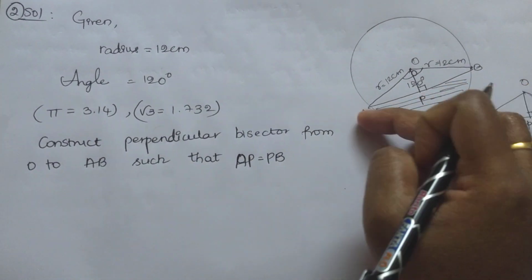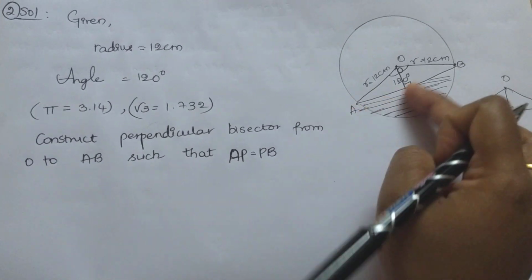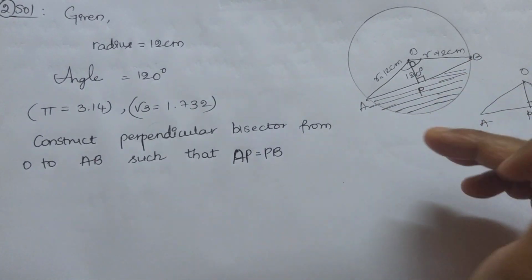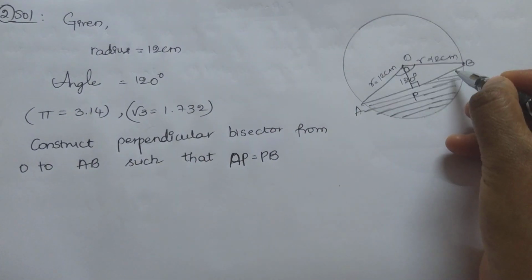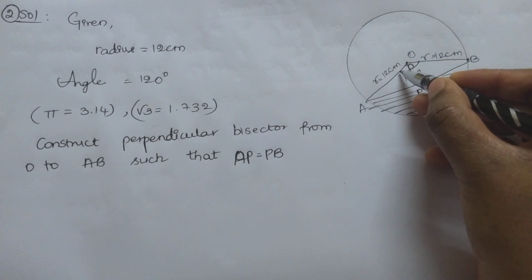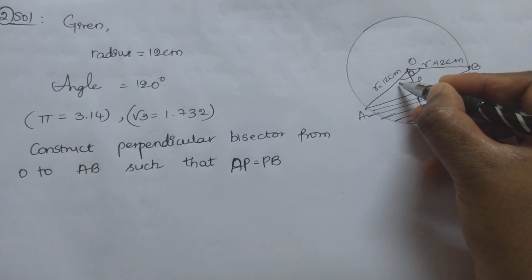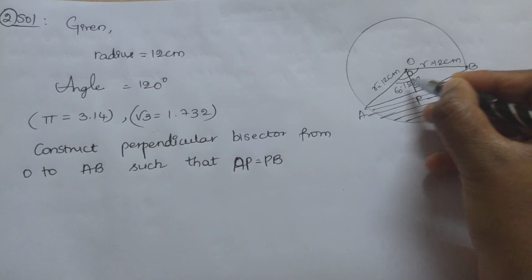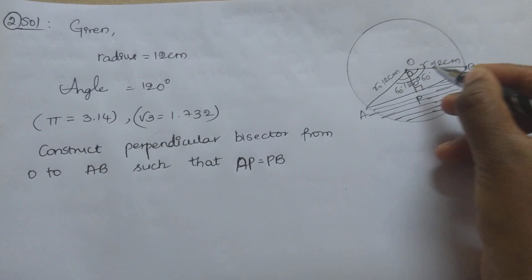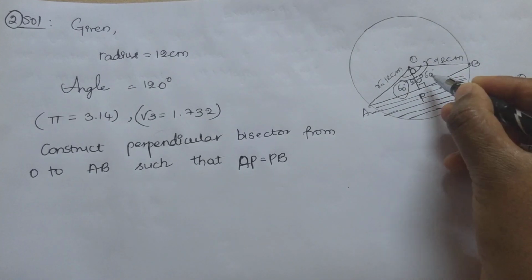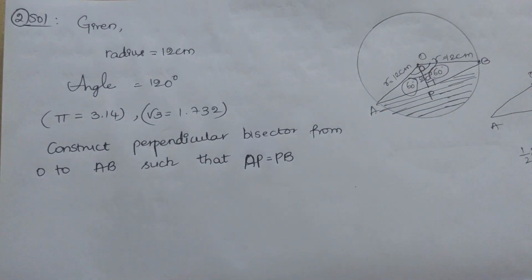Bisects means it divides a line segment or chord into two equal parts. When it divides the chord into equal parts, it also divides the angle into two equal parts. So here it comes 60 degrees, and here also 60 degrees.